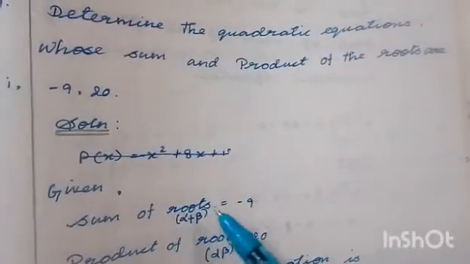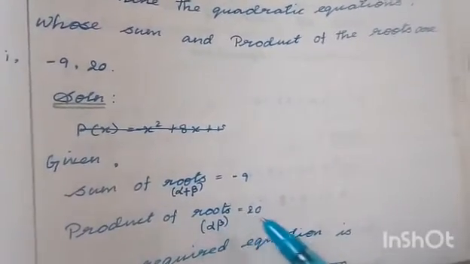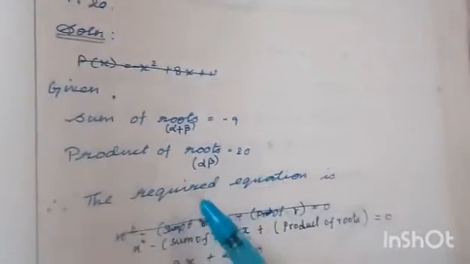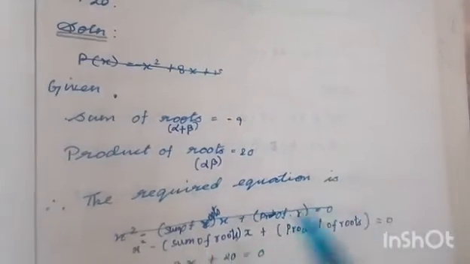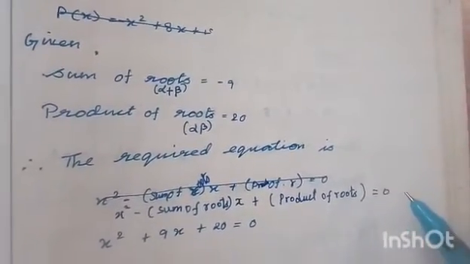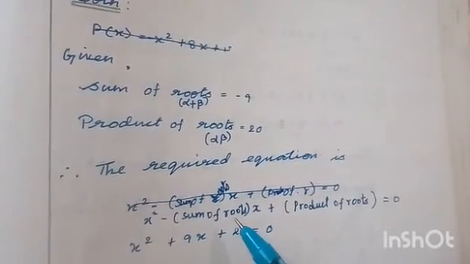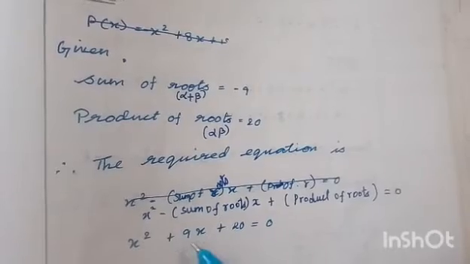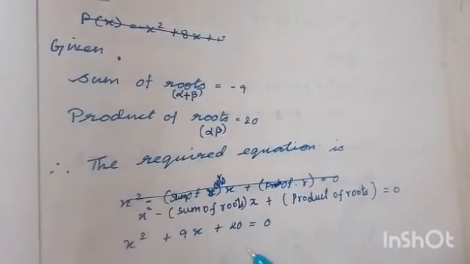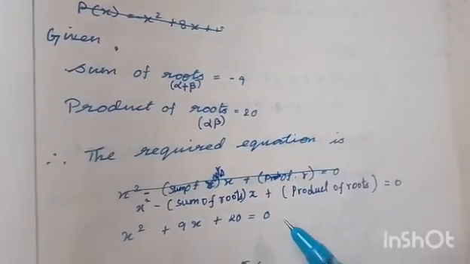Sum of roots, alpha plus beta, is minus 9. Product of roots is 20. The required equation is x square minus sum of roots into x plus product of roots is equal to 0. X square minus minus 9 into x, so that is plus 9x, plus product of roots 20. So x square plus 9x plus 20 is equal to 0.